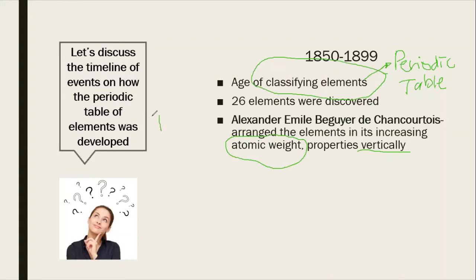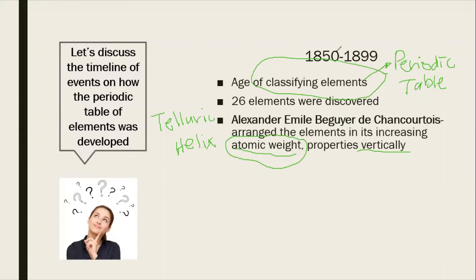Okay, so he actually named it as telluric helix. Yan. So makikita natin mamaya yung itsura ng telluric helix na yan. It's a bit complicated because the atomic weight of those are arranged in a vertical manner. So makikita natin bakit siya tinawag na telluric helix mamaya.